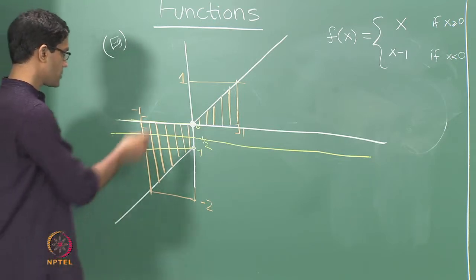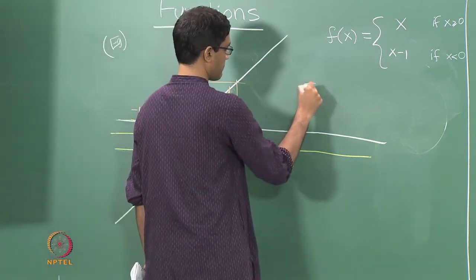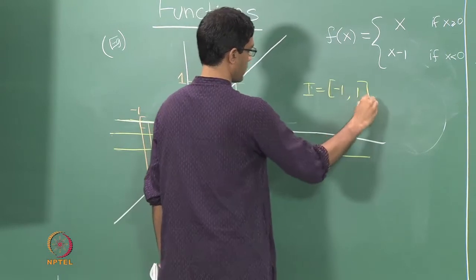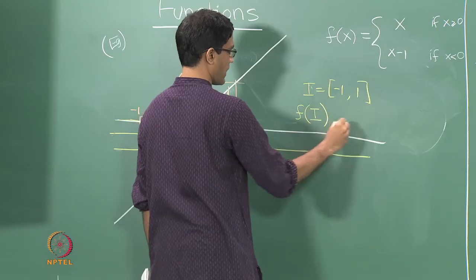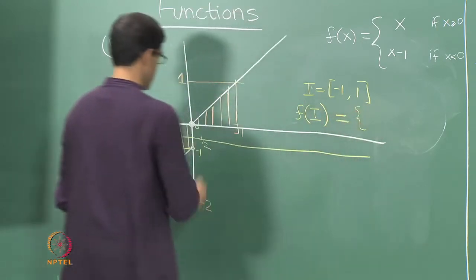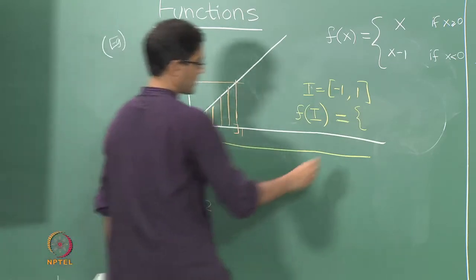So here is a function for which, if I take the interval I in this case to be the interval between -1 and 1 and ask what's the image of I under f, the answer seems to be the following. I get, well, of course the y values here are everything between 0 and 1 certainly occurs.